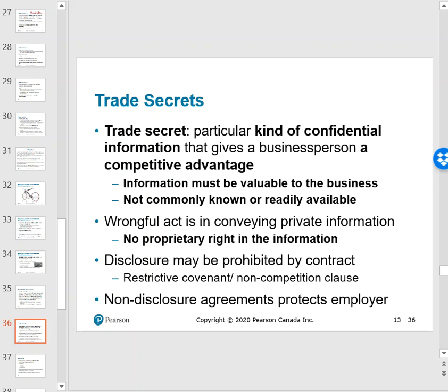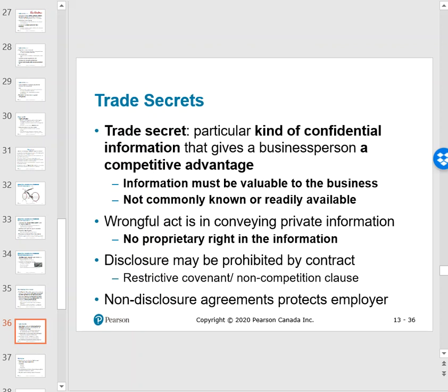And what is the advantage of a trade secret? Well, you can keep it forever, as long as you are able to keep it as a secret. Because if intentionally or even unintentionally your secret is revealed, you lose your competitive advantage.